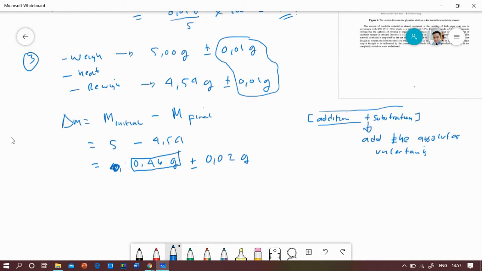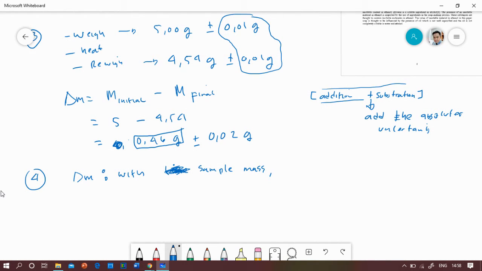But for example, in the next case, you want to divide the delta mass with the sample mass, so you will know the percentage later on.